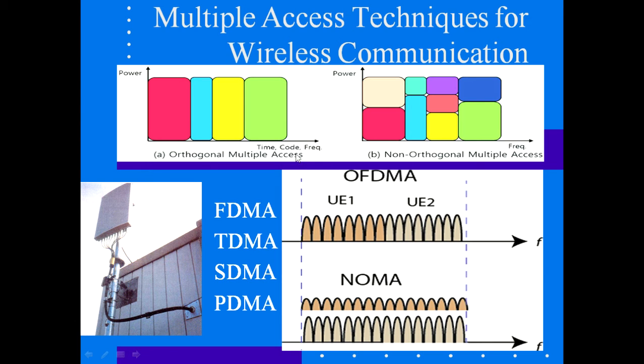Orthogonal multiple access means each and every user is different, that is there is no correlation between the different users, whereas in non-orthogonal there is a correlation between the different users. This diagram explains pattern division multiple access using orthogonal frequency division multiple access, showing the difference between TDMA and non-orthogonal multiple access techniques.